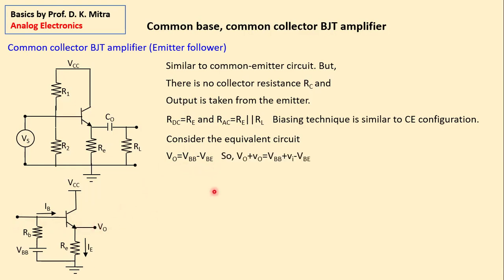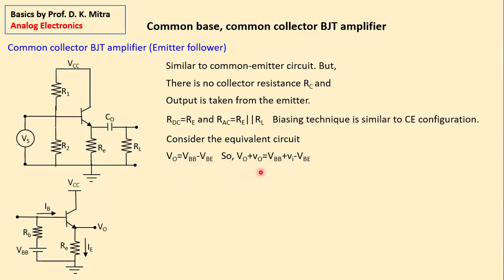If that is so, then if you superimpose a signal, small vi, then VO plus small vo is equal to VBB plus vi minus the same VBE.